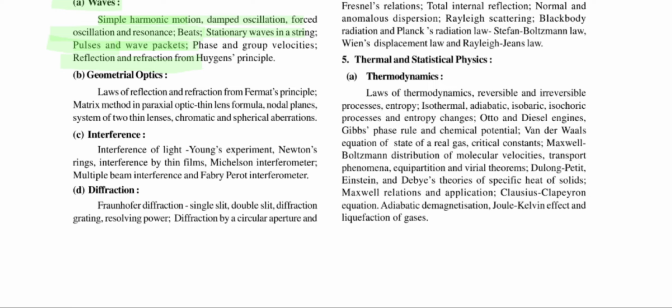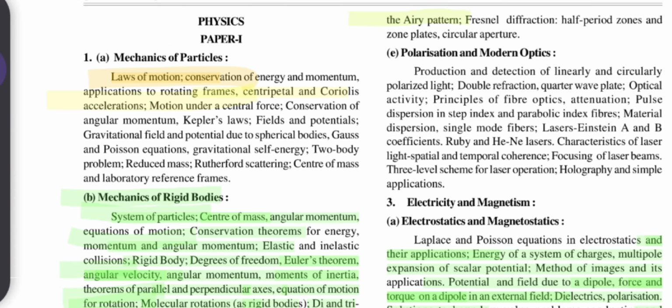And here you see geometrical optics: laws of reflection and refraction from Fermat's principle, matrix method in paraxial optics, thin lens formula, nodal planes, system of two thin lenses, chromatic and spherical aberrations. So this is clear. Diffraction: Fraunhofer diffraction, single slit, double slit experiment, diffraction grating, resolving power, diffraction by a circular aperture and the Airy pattern, Fresnel diffraction, half-period zones and zone plates, circular aperture.